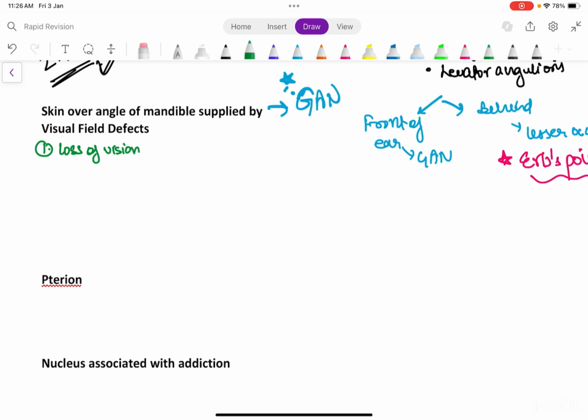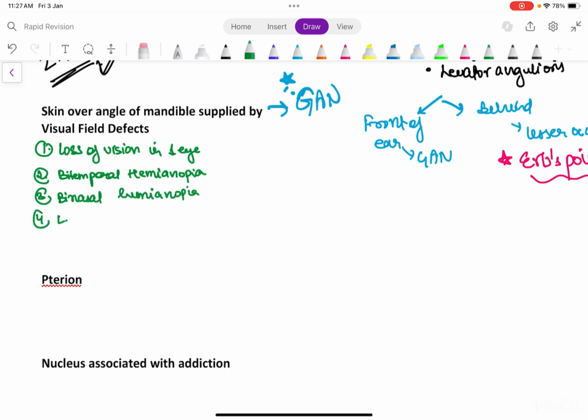So loss of vision in one eye. Then we have temporal hemianopia. Then you have binasal hemianopia. Then left homonymous hemianopia.